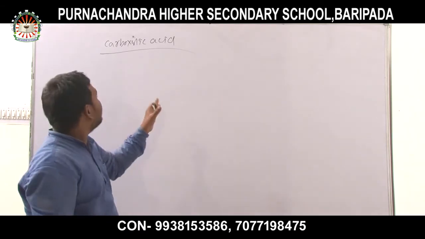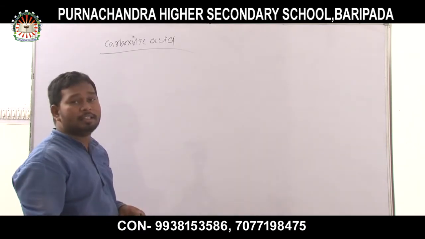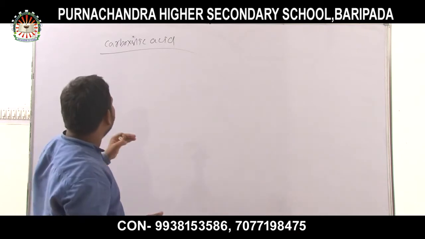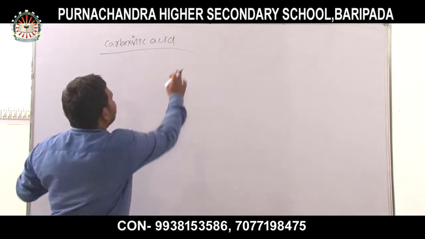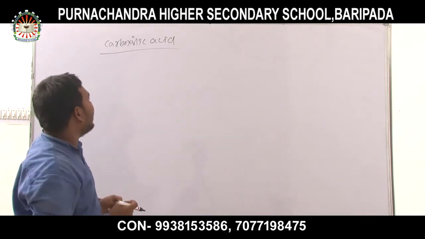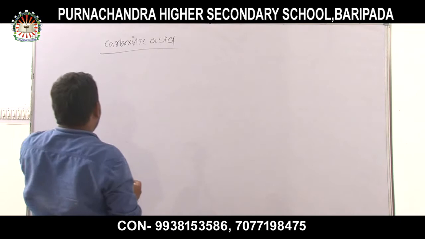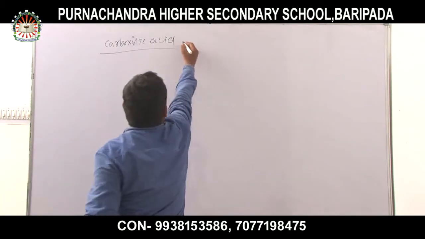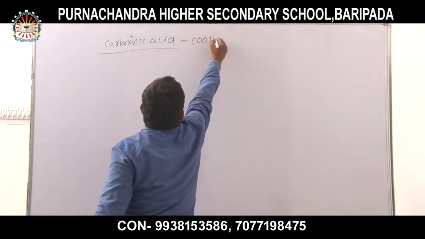In class 11 you already learned about carboxylic acid. Today I will also explain what the functional group is and what the IUPAC name of the carboxylic acid is. The functional group of carboxylic acid is COOH.